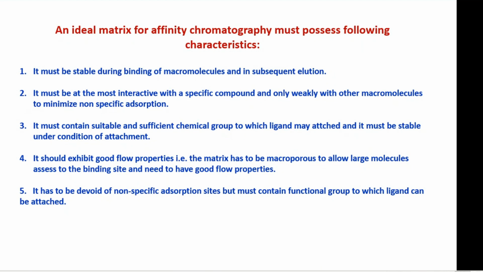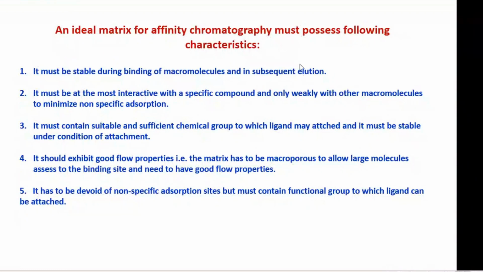For example, if an enzyme attaches to the ligand molecule, the ligand-enzyme complex should not interact with the matrix. So the matrix, we can simply say, is an inert one. Because it is inert, it won't interact with any other molecule. That should be the stable characteristic property of the matrix molecule.